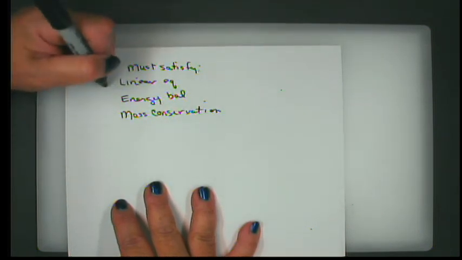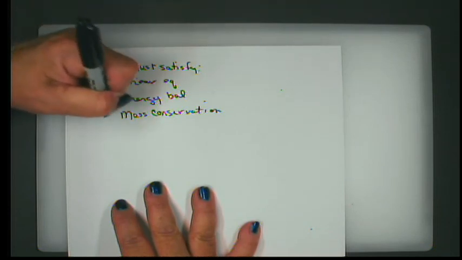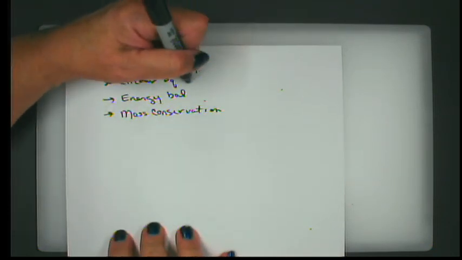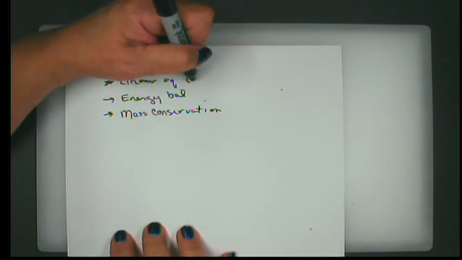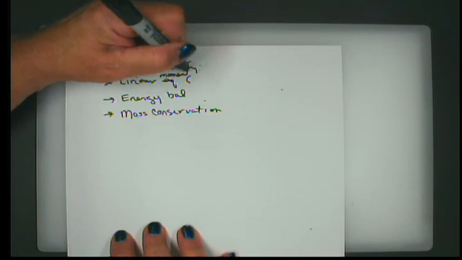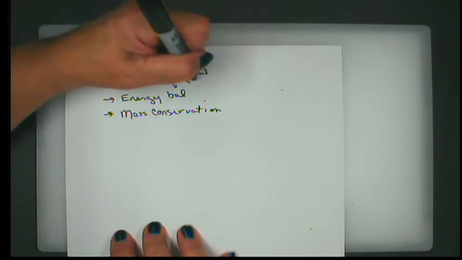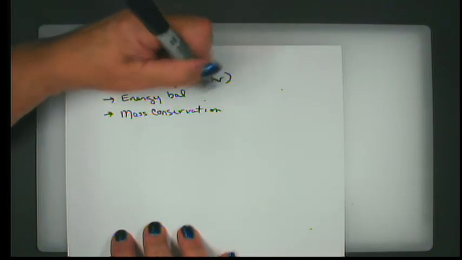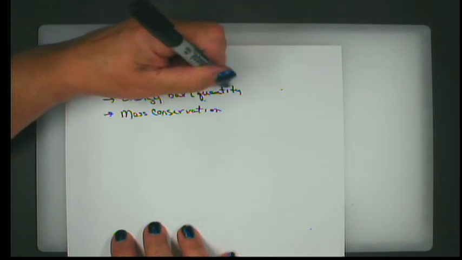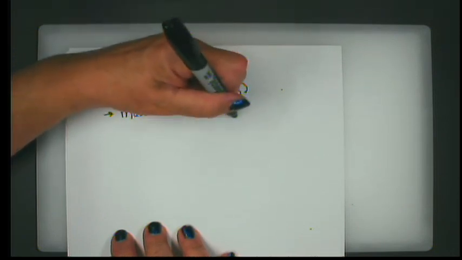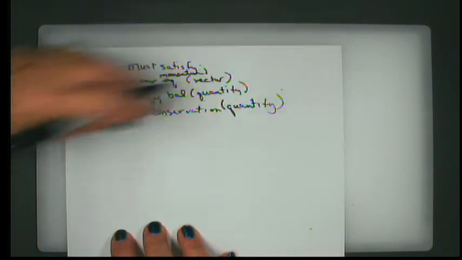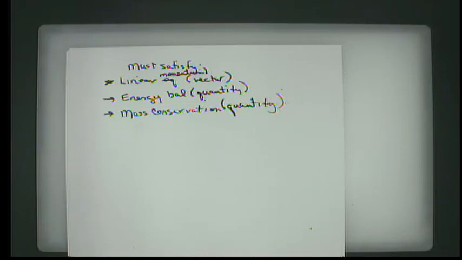So just because we're working with linear momentum does not mean that we don't have to work with this. Now, the one thing that we can remember is that linear momentum is a vector, but energy is a quantity, and mass conservation is also a quantity. So all of those things have to be satisfied in those different ways.